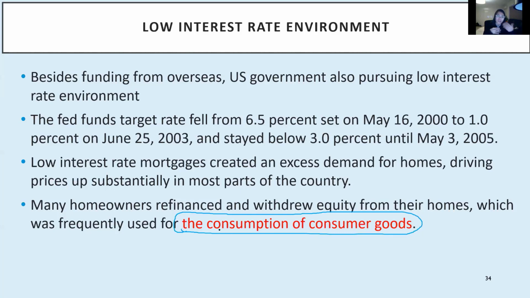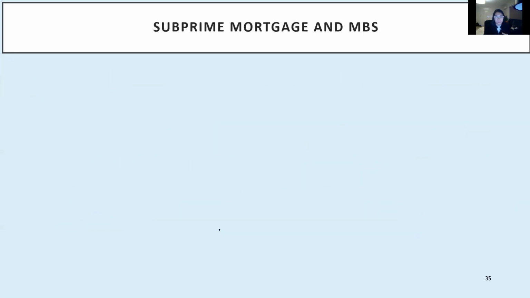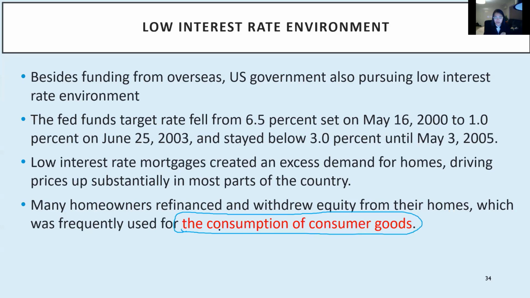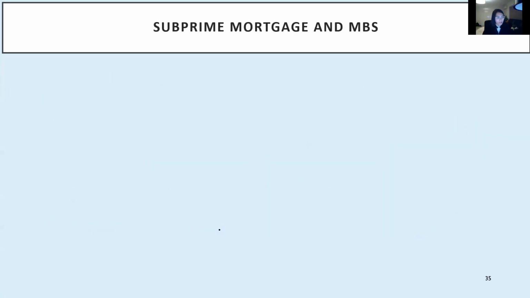As you consume more, your money gets lower, it doesn't grow, okay? So the combined effect of a low interest rate environment and a lack of regulation was that there was a lot of risk building up in the system, okay?